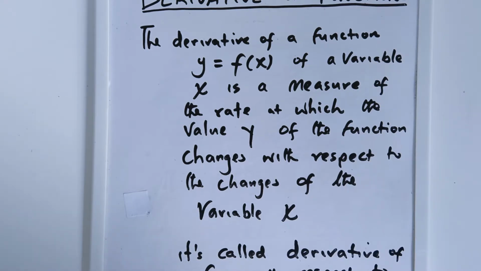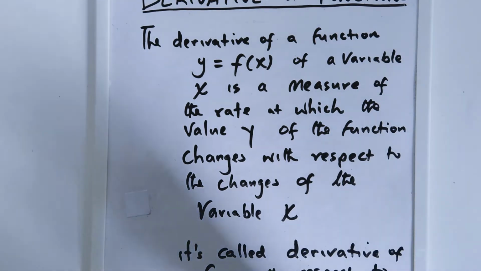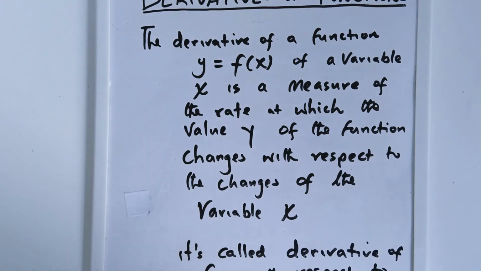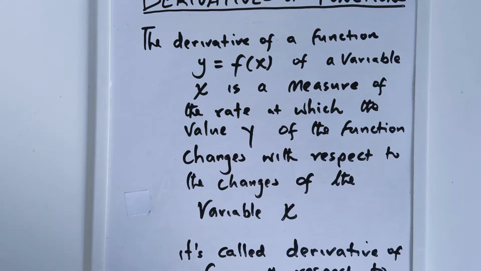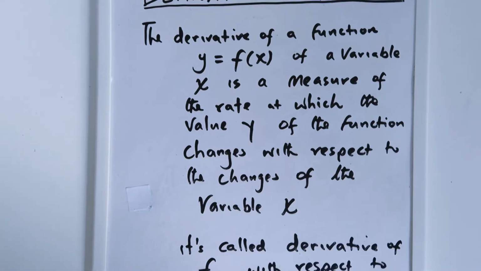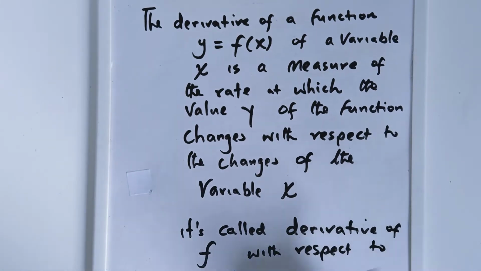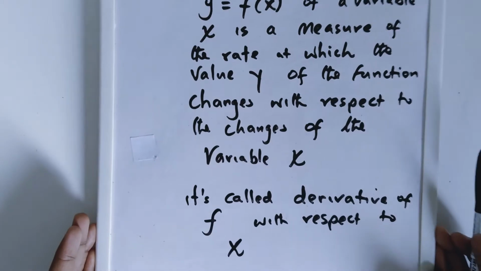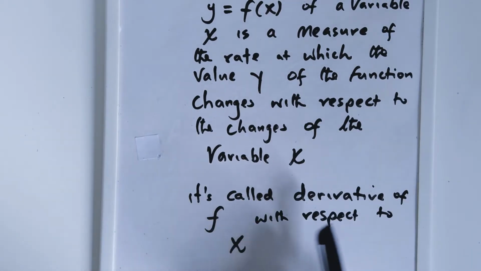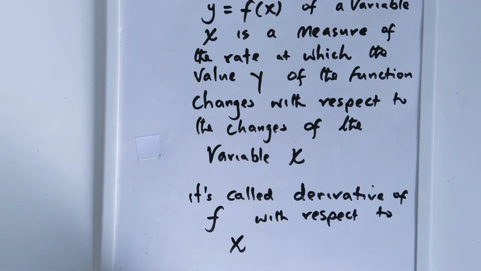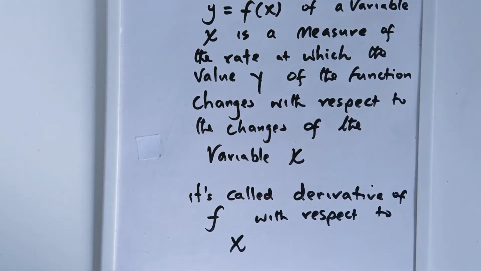Normally, the derivative is just another word for the slope of a function or the tangent of a function. It's also called the derivative of f with respect to x. This will all make sense when we do an example.